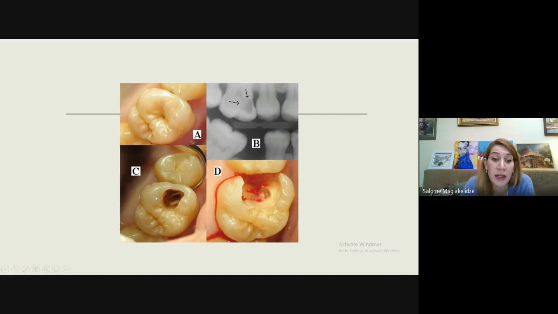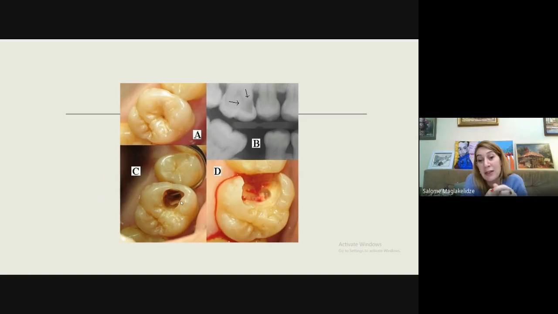So when you start to go in with the bur, the one great feeling is that when you start to penetrate through the enamel, you feel the resistance of the enamel, and in one moment you feel no resistance and you go in very easily.